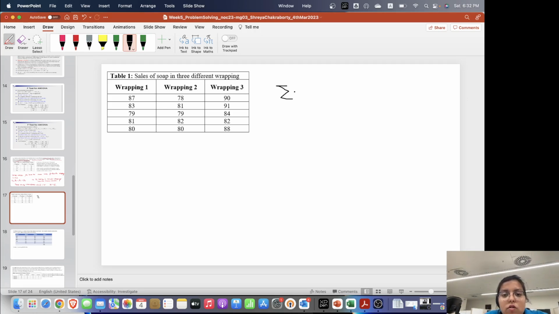Okay, so summation over i and over j, y i j minus y not bar, whole square.